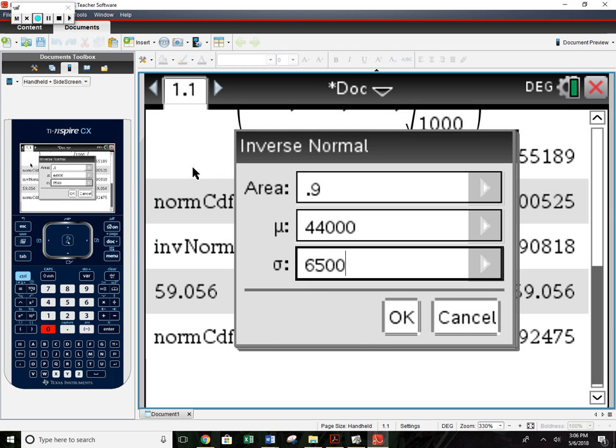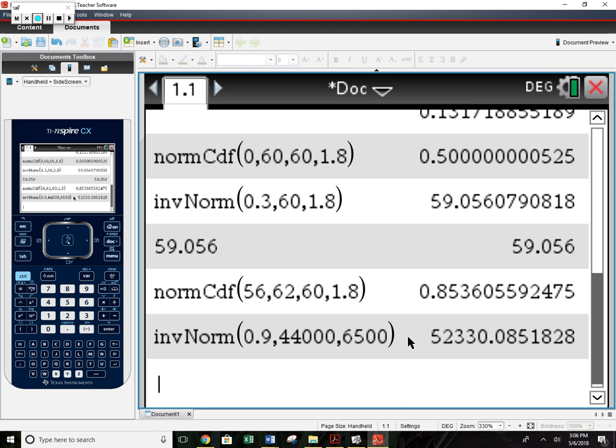And that will give us the 90th percentile, so 90% of all teachers make 52 grand or less. Anywhere from, I guess, 0, which is not really reasonable, but 52 grand or less, 52,330.